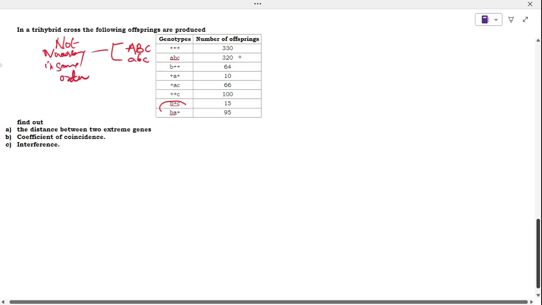This parental combination, we already know the extreme maximum number will be parental combination, parent 1 and parent 2. So this is capital A, capital B, capital C. This is small a, small b, small c. Next one is small b, capital A, capital C will be there. This combination will be 64, and this combination will be plus is B. Assume that capital B, small a and capital C, right?